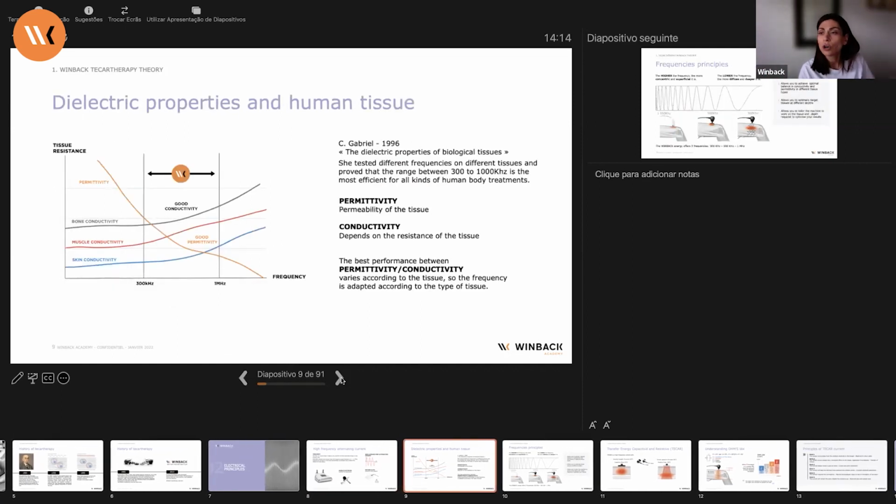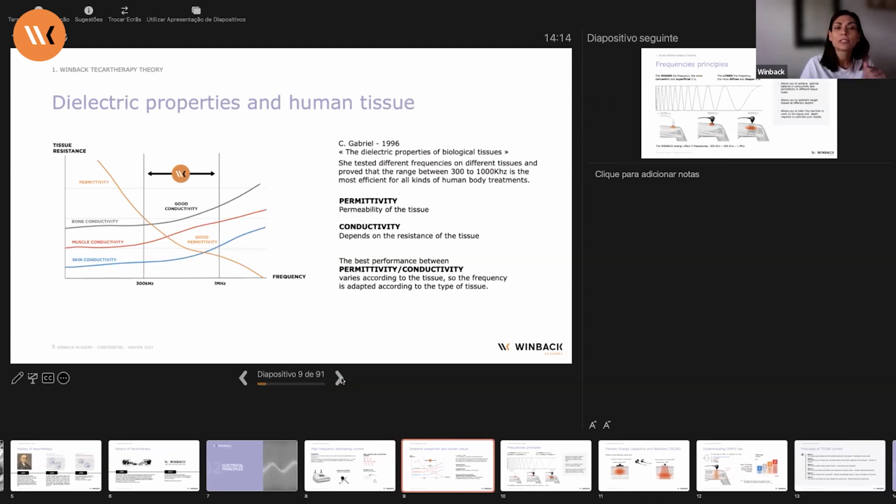So we have to know about the dielectric properties of human tissue. How does the current affect the human tissue? We know that bone has a specific conductivity, the muscle has a specific conductivity, and skin has a different conductivity. And we also know what conductivity is: the capacity of conducting the electrical current.